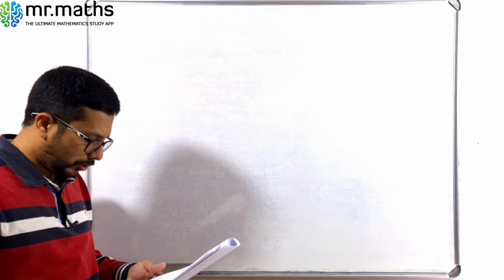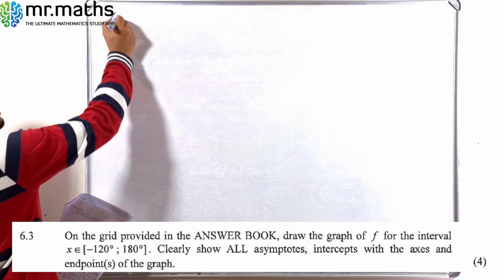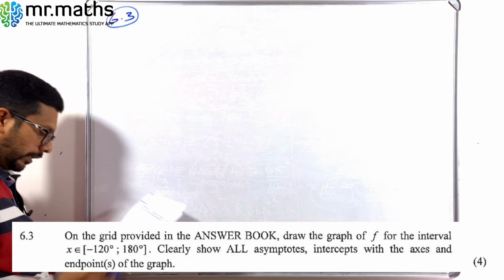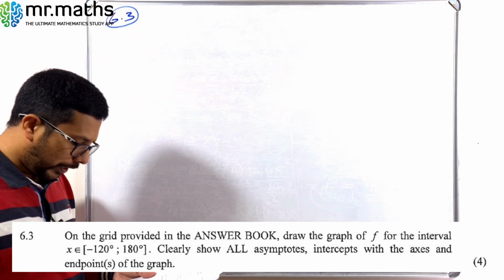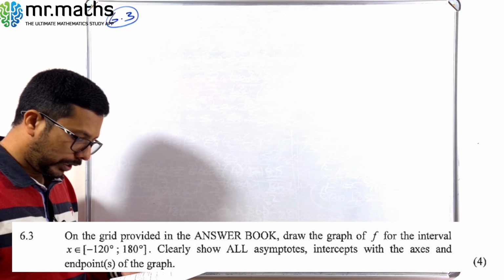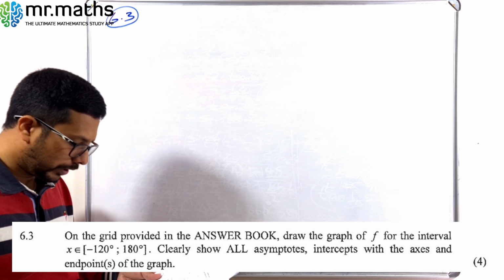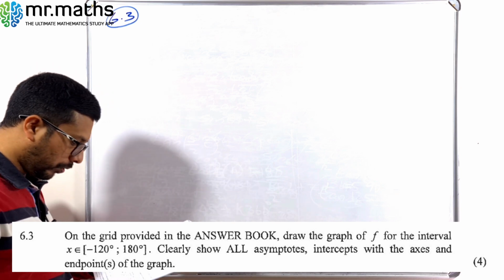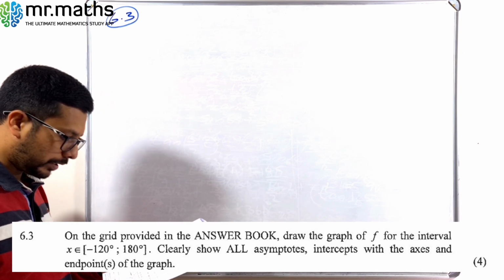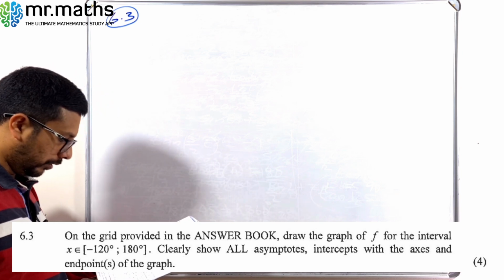Next question, question number 6.3. What is that question? On the grid provided in the answer book, draw the graph of f for the interval minus 120 to 180. Clearly show all asymptotes, intercepts with the axes and the endpoints of the graph.